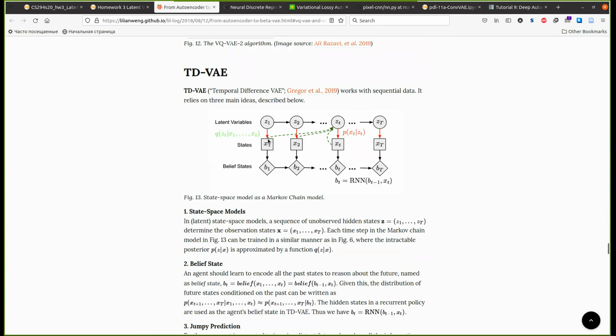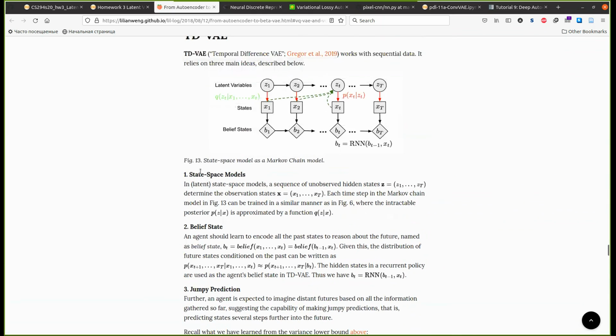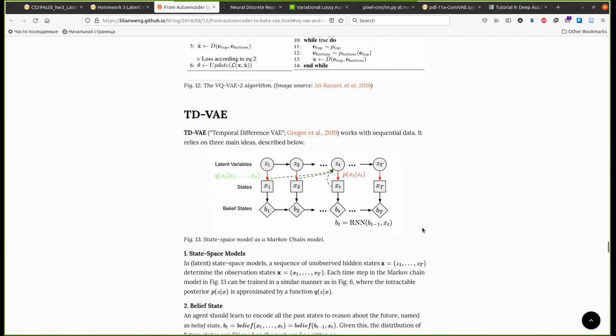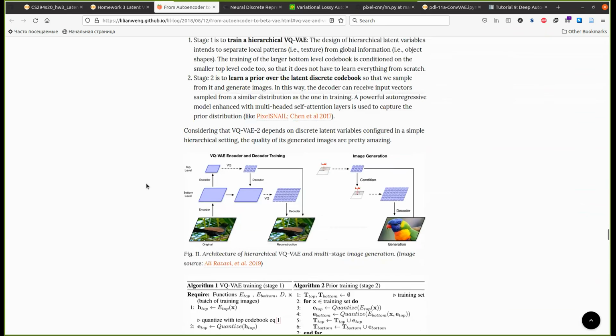You can basically use a variational model together with an RNN for reinforcement learning. So that could be something interesting. And also there are applications of variational autoencoders to graphs and other stuff. So if you are interested in something particular, you can mention it on Slack or tell me now.